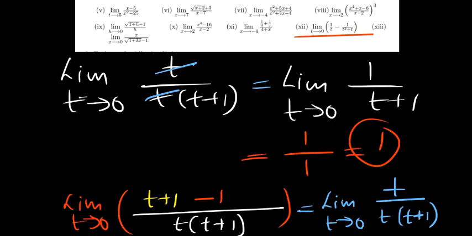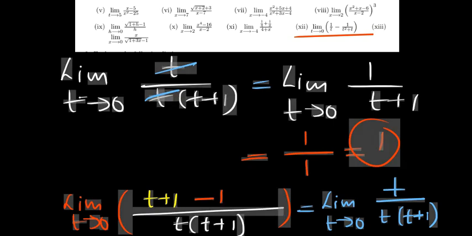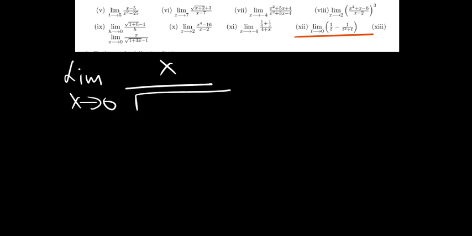Okay, and then finally the last question under part 1 to do with these basic limits. We have the limit as x approaches 0, then you have x over root of 1 plus 3x, okay, and then minus a 1 separately, not under the square root.